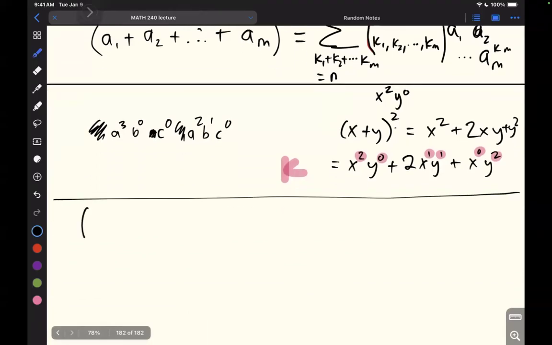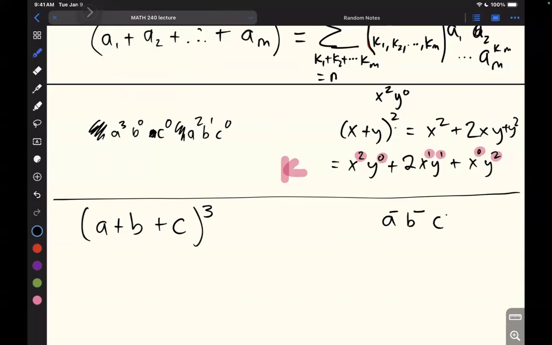So we will look at what is a plus b plus c cubed. Okay, so there's kind of a combinatorics problem inside of our combinatorics problem. If we've got a something, b something, c something, and we want to have numbers up to 3, we have options, right?